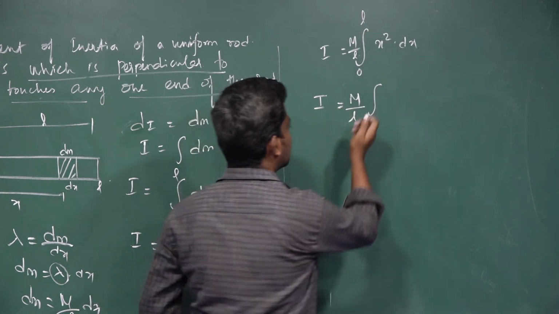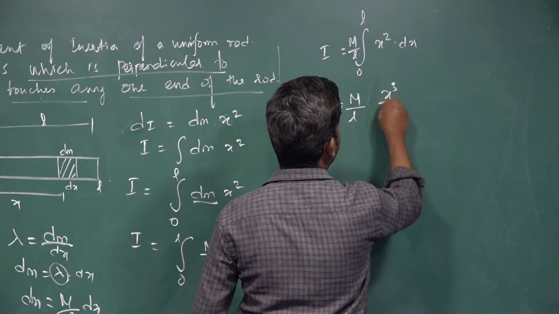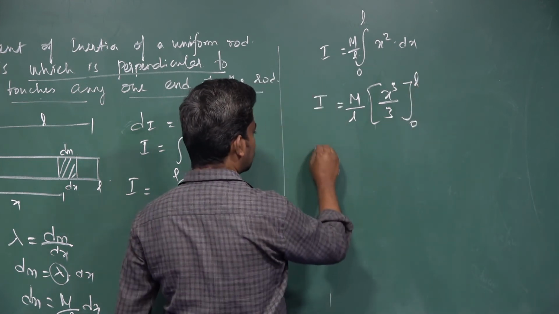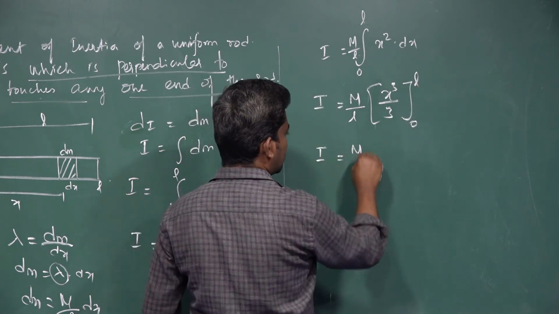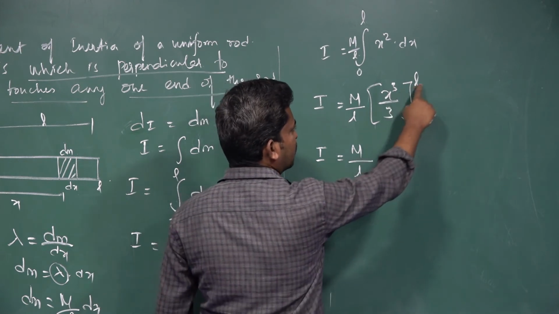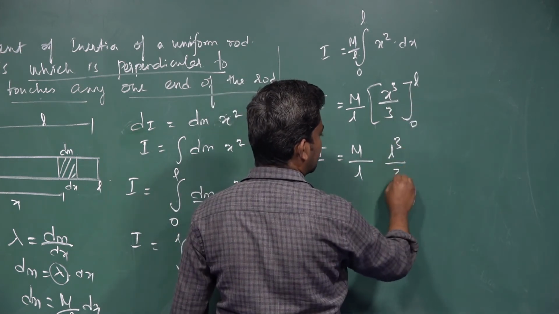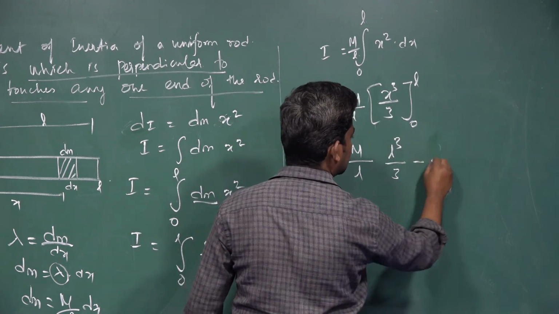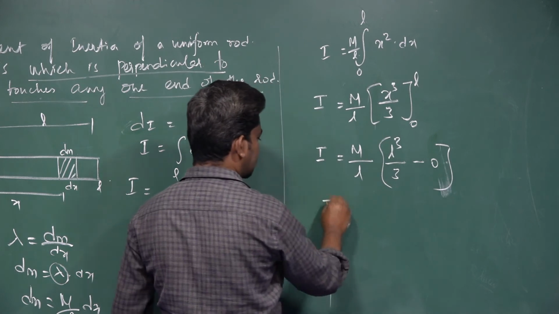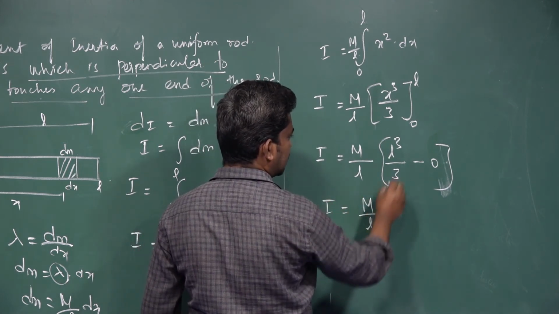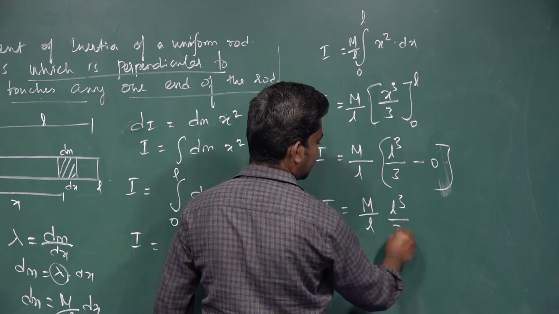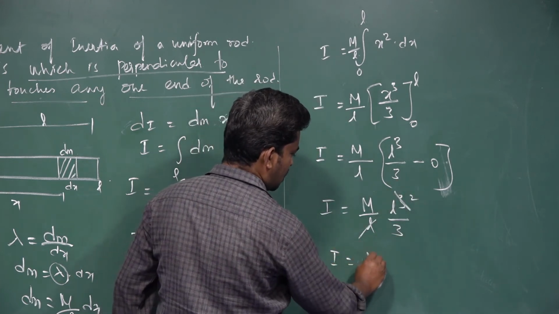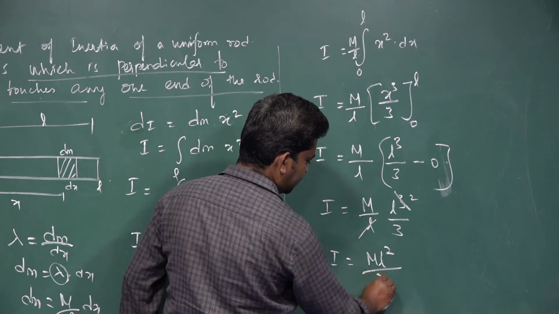The integral of x square dx is x cube divided by 3, with limit 0 to L. So I is equal to m divided by L, into L cube divided by 3 minus 0 divided by 3, and the second value is 0. So I is equal to m divided by L into L cube by 3. The L cube reduces to a square, so I is equal to m L square divided by 3.